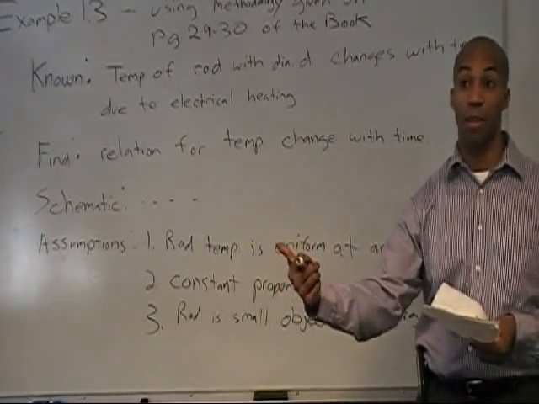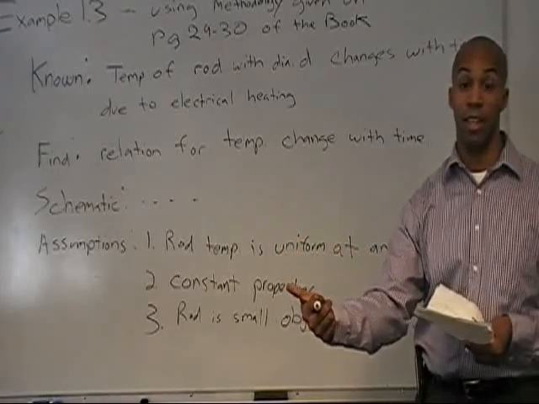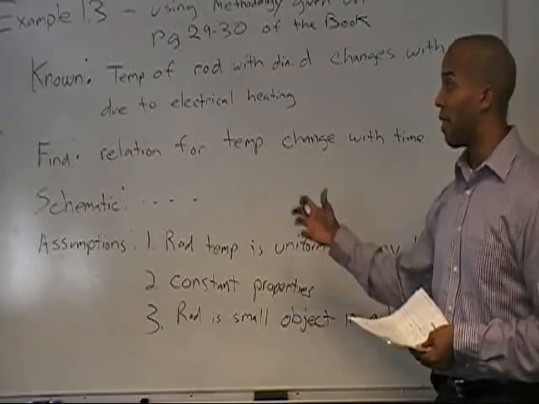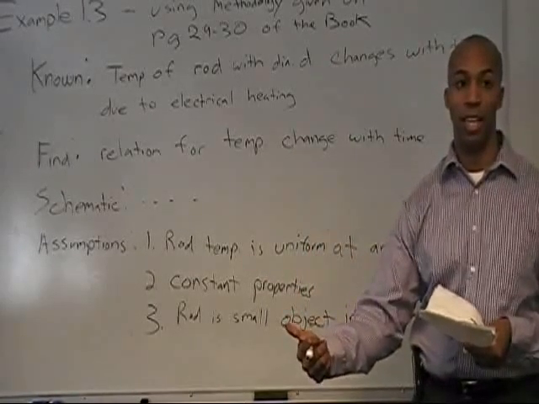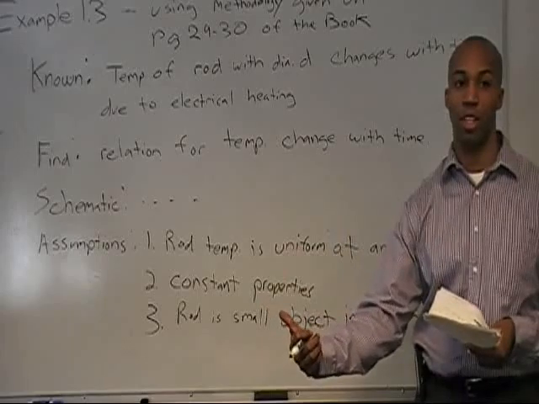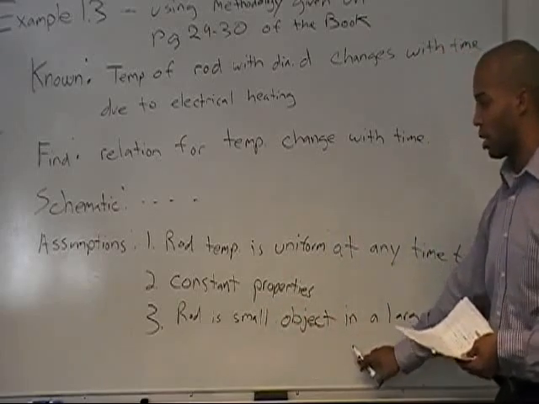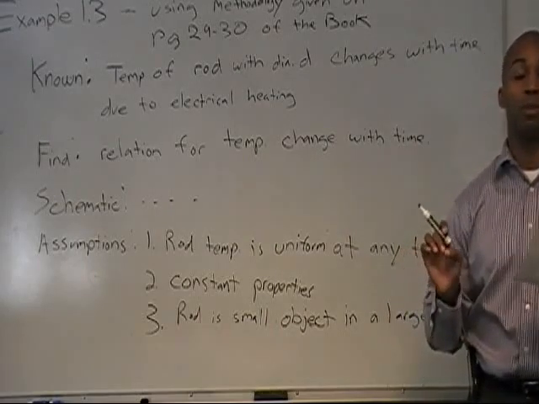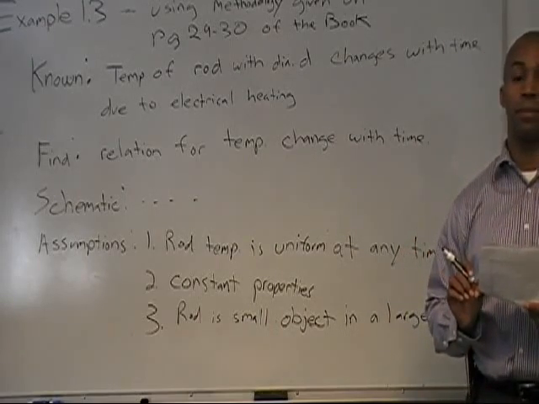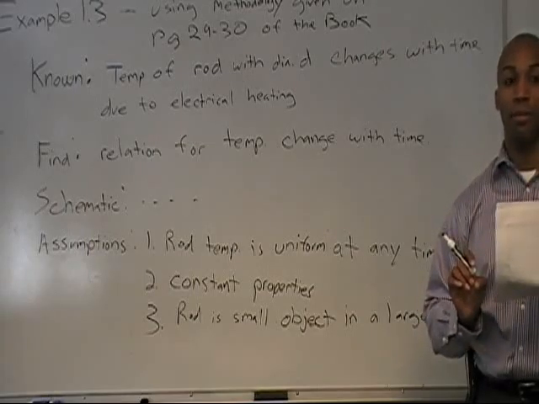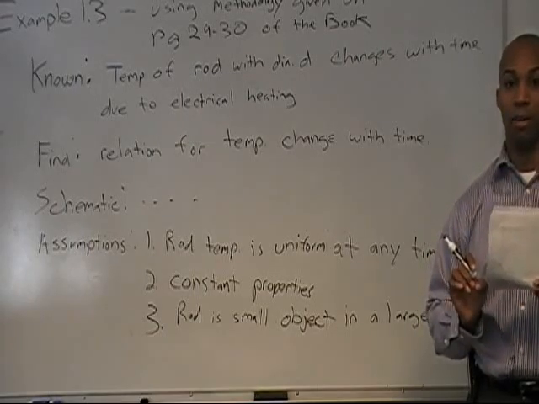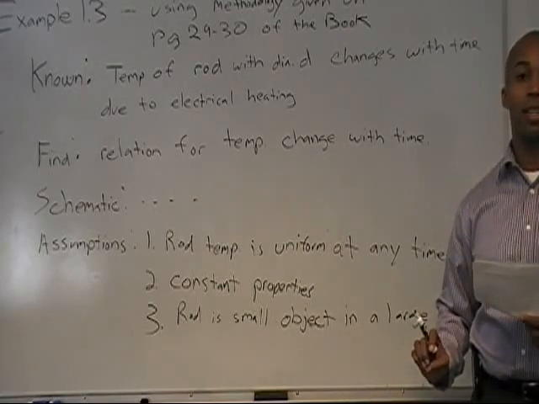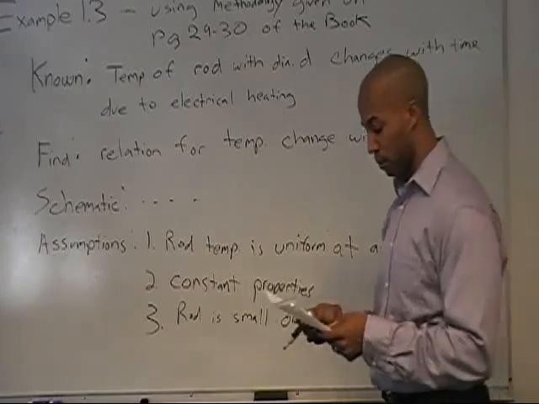Being exposed to surroundings, the fact that the problem even mentioned it, means that we'll have some radiation exchange with our surroundings. And then the fact that we have electrical heating means that we're going to have some sort of energy generation in the rod. So we make this third assumption here, the rod is a small object in a large enclosure, to simplify the radiation calculation. And you have to take my word for that right now, because I'm not going to go into too much detail until we get to the section on radiation. But we do that to simplify the radiation problem.